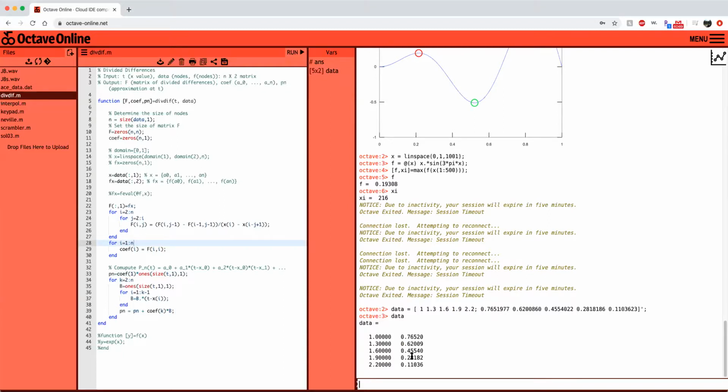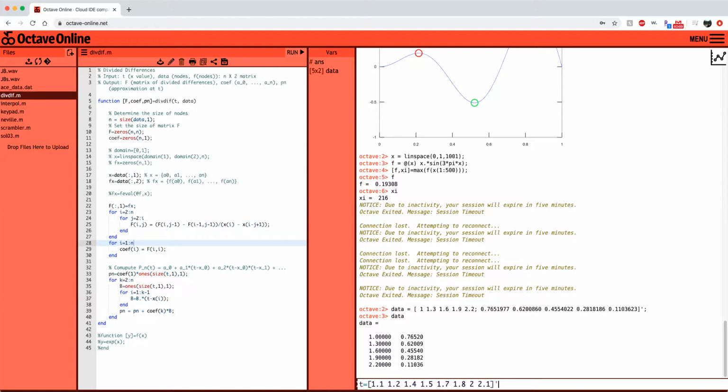Now, by the way, we define t to be 1.1, 1.2, 1.4, 1.5, 1.7, 1.8, 2, 2.1.